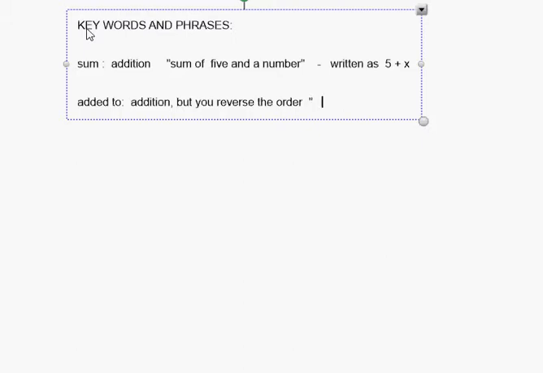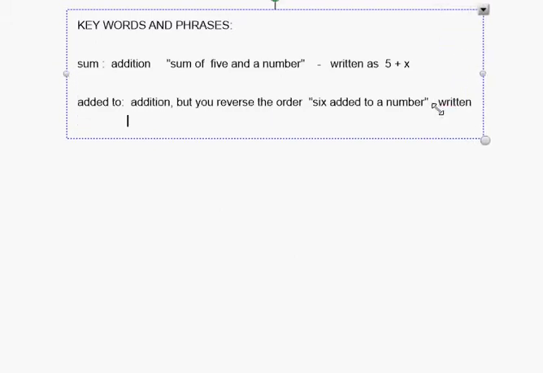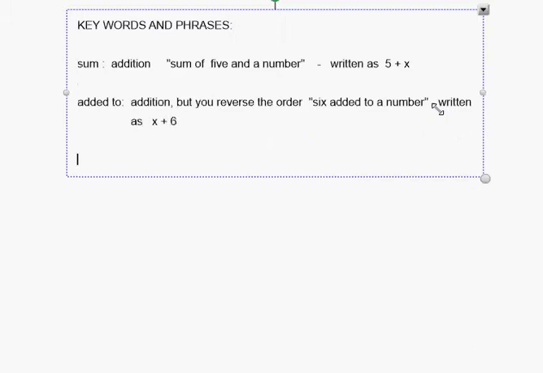So if you say 6 added to a number, this would be written as x plus 6. Even though the 6 was mentioned first, it gets written last.